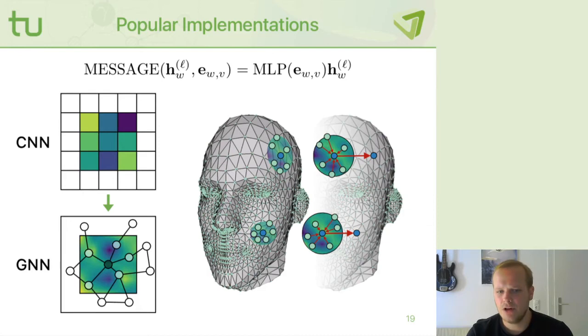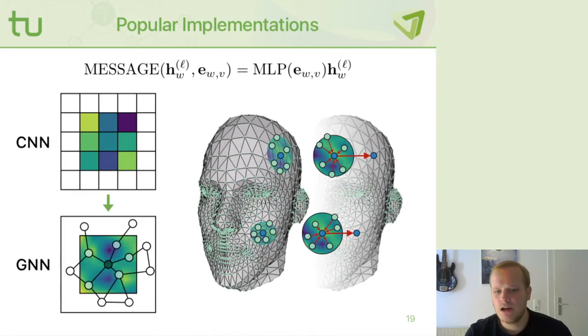So, to recap, features in a CNN are transformed differently dependent on whether the pixel is, for example, in the top right corner or in the bottom right corner. And we can remodel this behavior in graphs in case our edges hold information about the spatial relation between neighboring nodes.